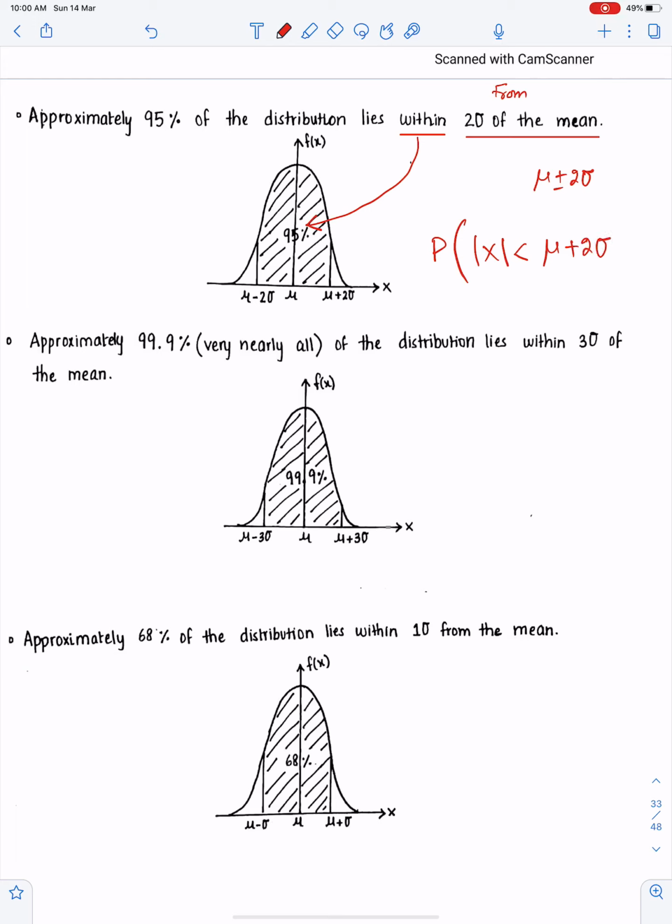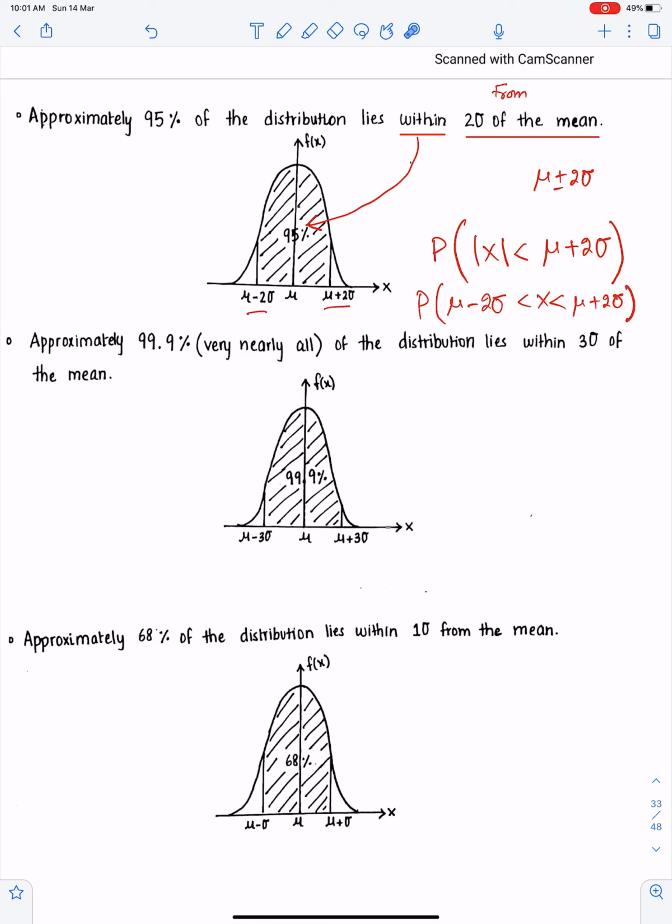Just write this, because when you remove this modulus, you will get both mu plus 2 sigma and mu minus 2 sigma, because the modulus is removed in this way. X lies between mu minus 2 sigma and mu plus 2 sigma.